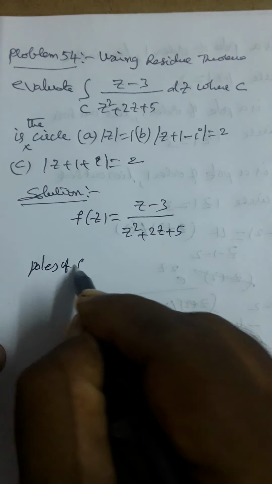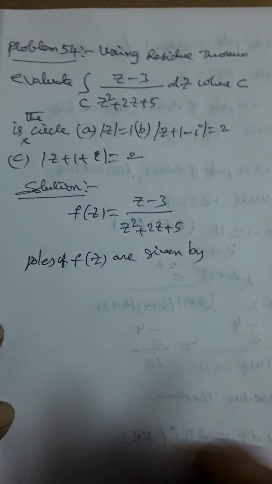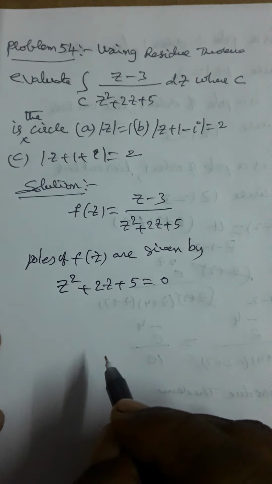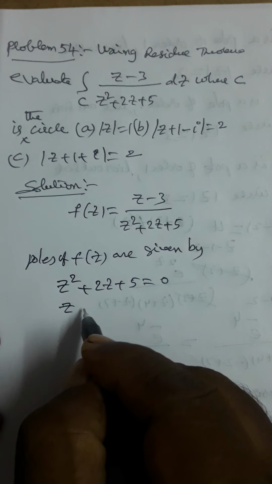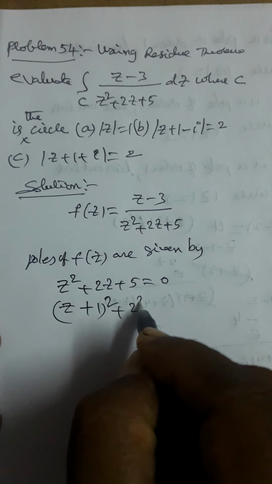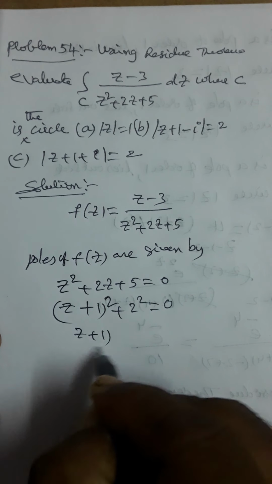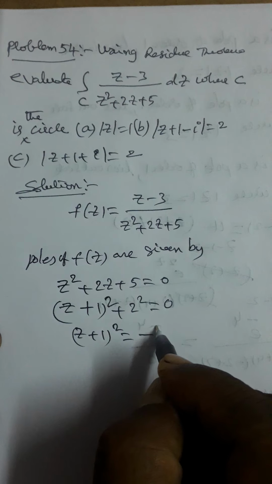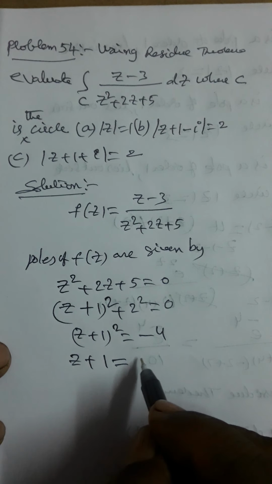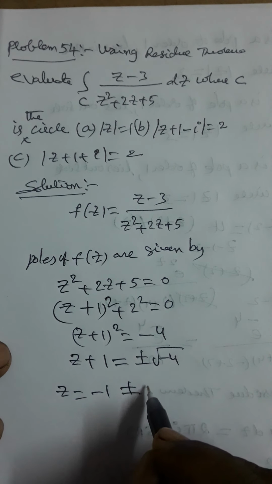Poles of f of z are given by equating the denominator to 0: (z plus 1) whole square plus 2 square is equal to 0, so (z plus 1) whole square is equal to minus 4, z plus 1 is equal to plus or minus root minus 4, z is equal to minus 1 plus or minus 2i.